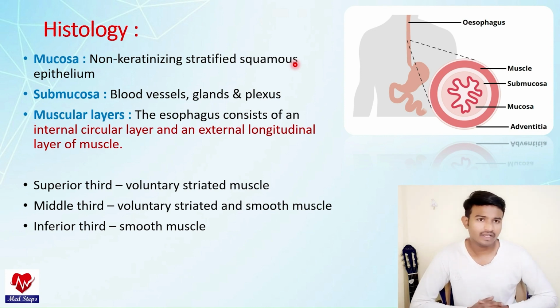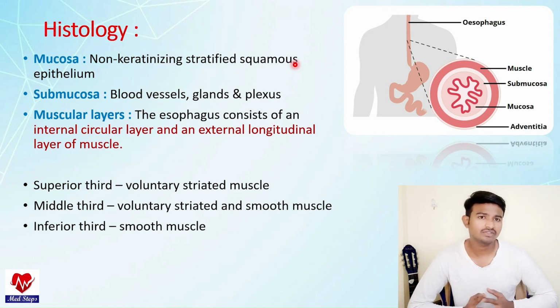As I told you before, the esophagus is divided into three parts. The superior third is made of voluntary striated muscle. The middle third is formed by voluntary and smooth muscle. The inferior third is formed by smooth muscle.